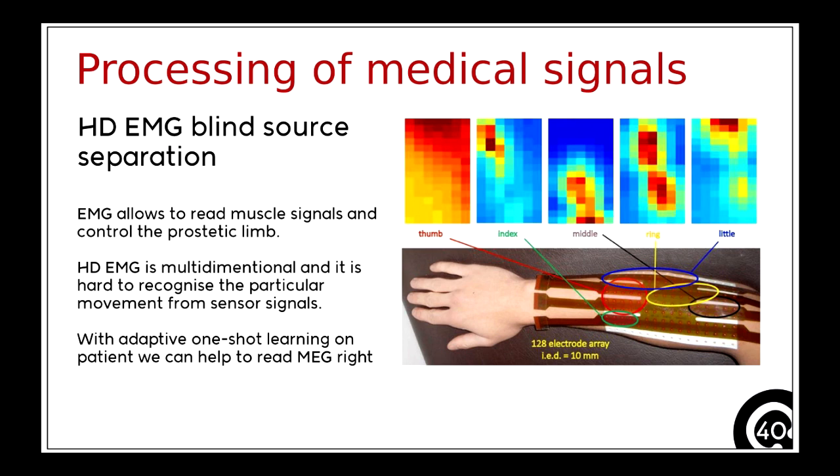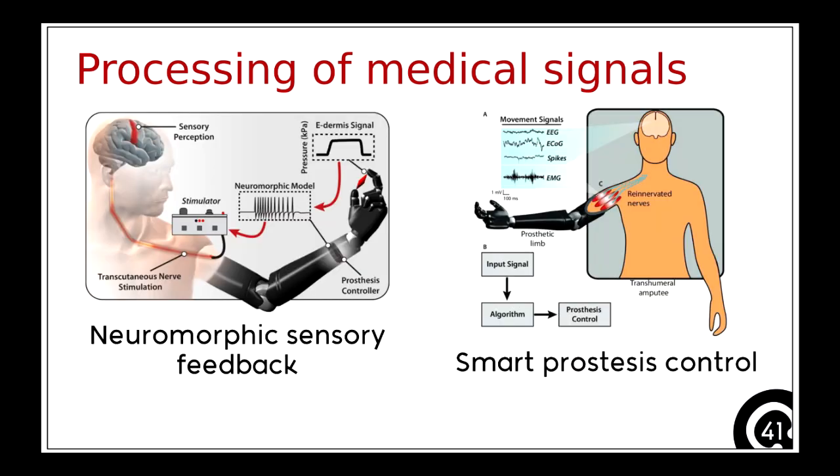EMG signals are electrical signals from our muscles, and with spiking neural networks, in a project that we are initiating now with our colleagues, we will be able to control prosthetic limbs and also sensitize patients, for example, without limbs, or patients who are not able to move. For example, we want to connect them to virtual reality.